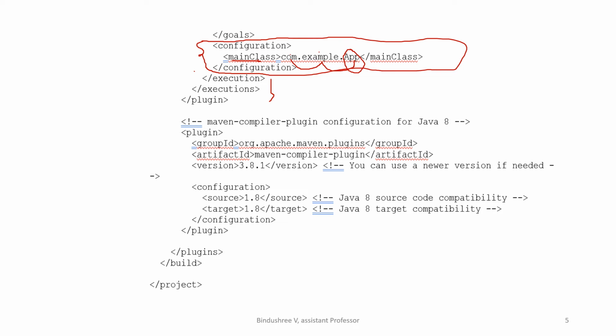And to compile your project, we should add the compiler plugin also. Whenever you are dealing with Maven, the execution plugin won't be there by default, and the compiler plugin won't be there by default. So in order to execute your project, you are supposed to download the dependencies by writing commands, or by writing the tags into the POM file, and that's how you can execute your project.